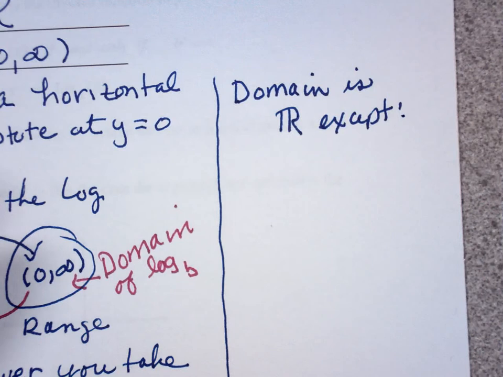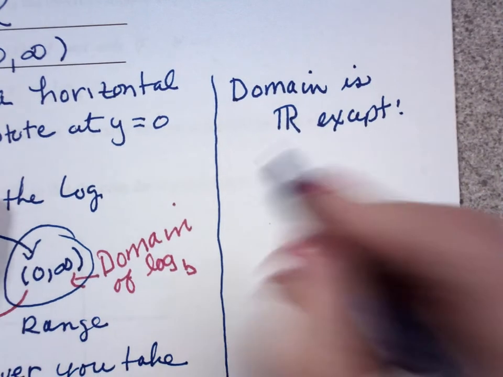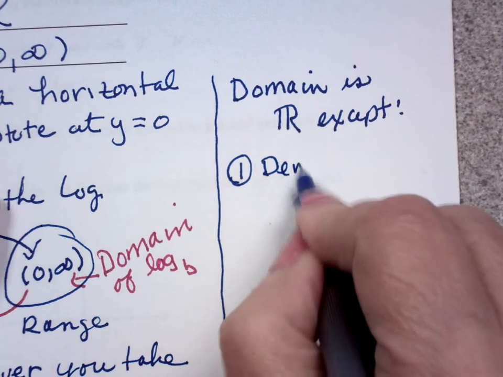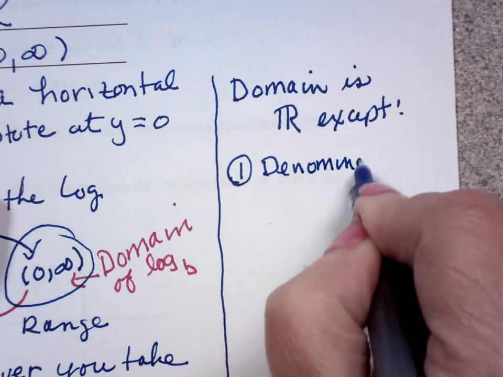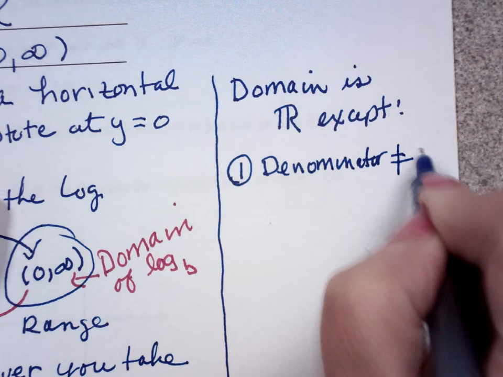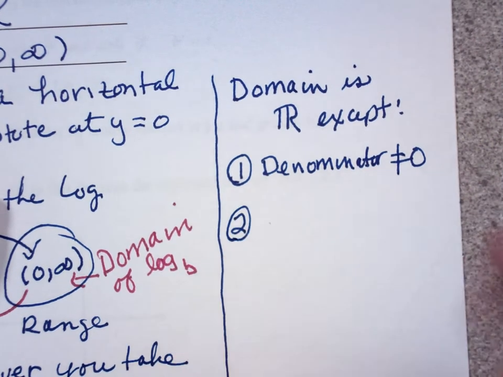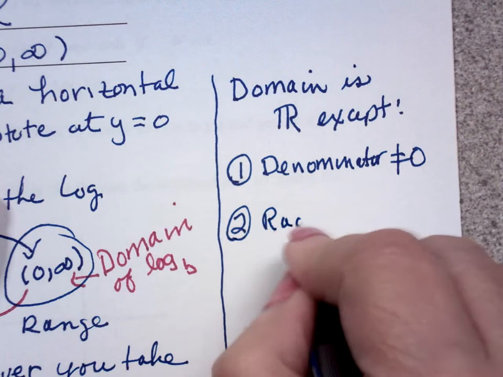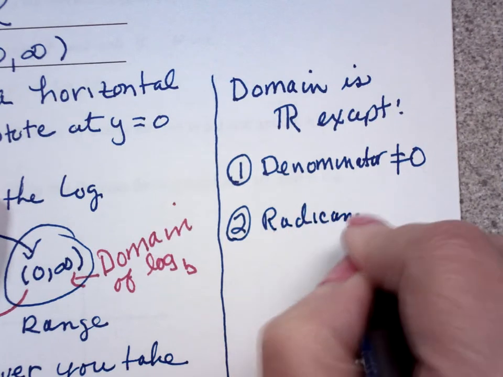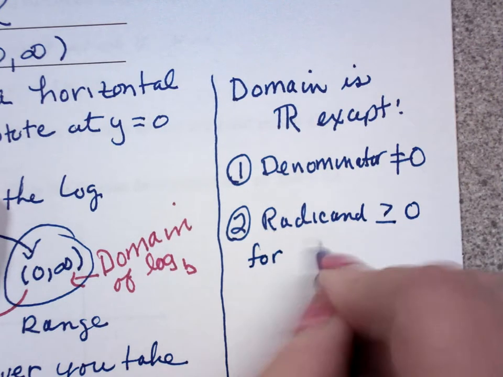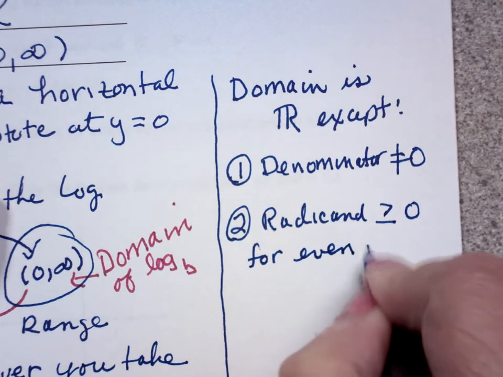This should go on your note card for the final. 1, the denominator can't be 0. 2, the radicand must be greater than or equal to 0 for even index.